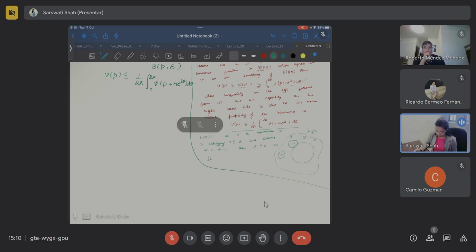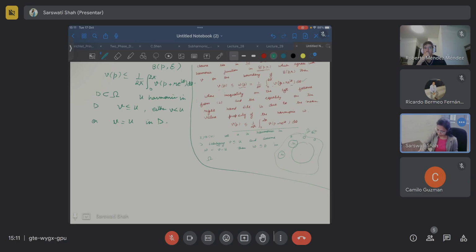So we have to prove that for every region D contained in omega and for every U harmonic in D satisfying the property V is less than or equal to U, either it will be strictly less than U or it will be equal to U in D.